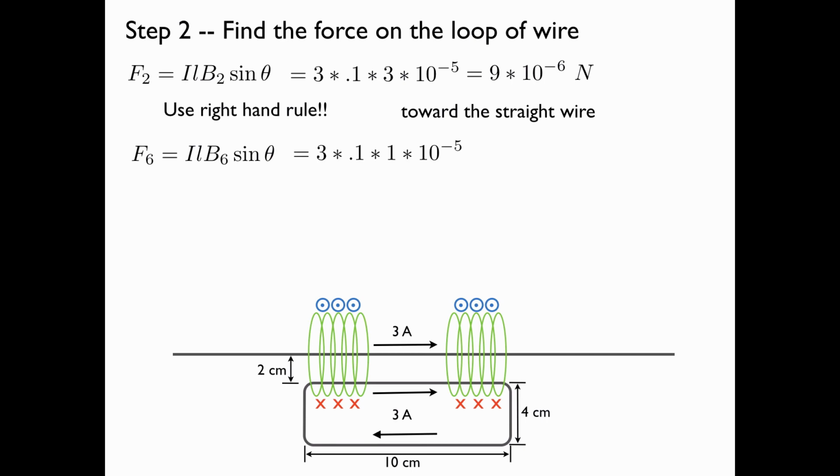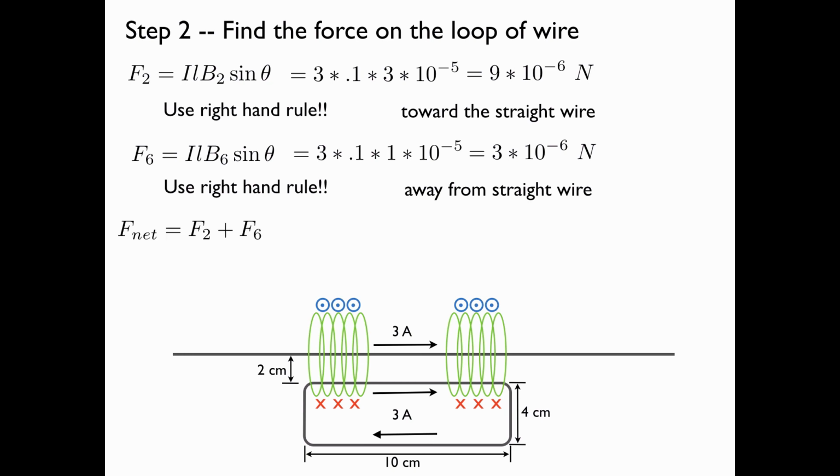Everything is the same except we plug in the other magnetic field. And we get the force which is 1/3 of the other force. However, we'll find it's in the opposite direction using the right-hand rule. If we put our fingers of our right hand to the left, curl into the page, we find that the force is away from the straight wire, downwards.